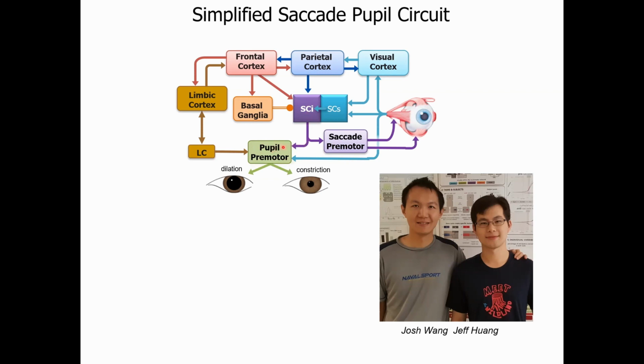And this line's really important because it can deliver all the bottom-up visual signals and the top-down attention signals to the pupil. And that's what Josh embarked on, finding how these signals were coming down through the colliculus to get to the pupil. And Jeff Wang, a senior PhD student in my lab, is now showing how the pupil responses are abnormal in neurodegenerative diseases.